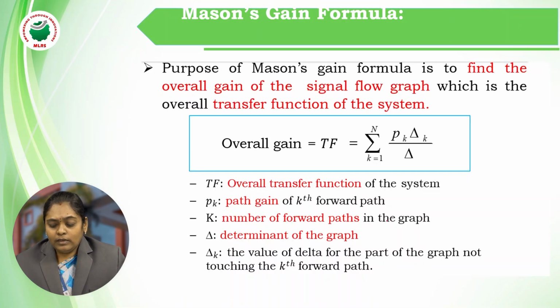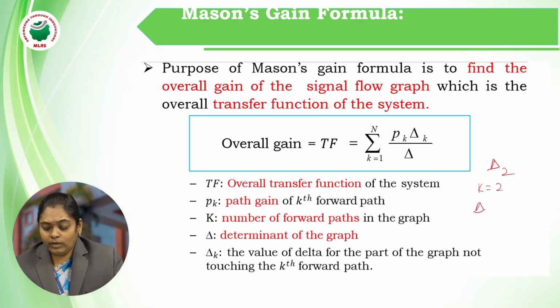Suppose there are two forward paths, so k is equivalent to 2. In that case you can write delta 1 as well as delta 2. So the transfer function can be written as 1 by delta, P1 delta 1 plus P2 delta 2.